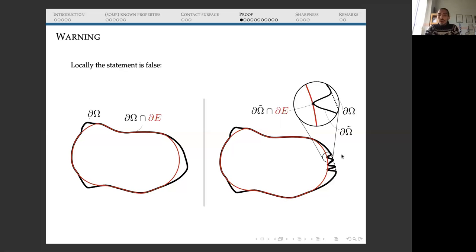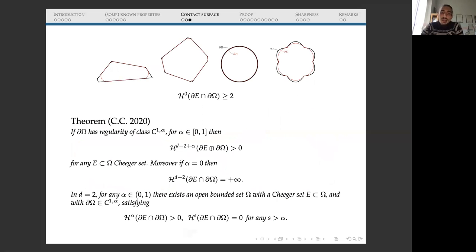But if you go local, here you have that the contact surface is made by a finite number of points. So what I mean is that these bounds are global bounds. So you cannot localize them to some portion. So whatever argument we will use to prove these bounds, we'll have to take into account the global structure, not just rely too much on local principles.